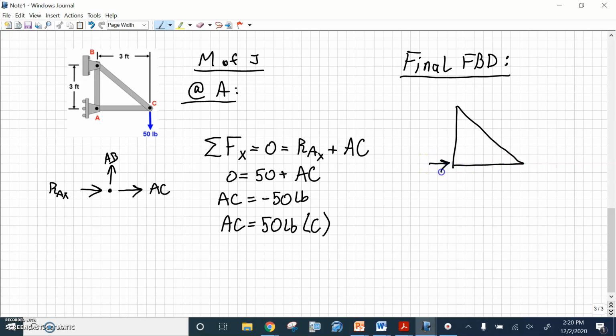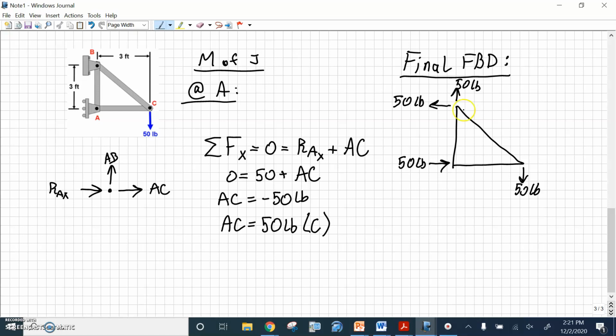We've got 50 pounds this way. We have our other reaction force 50 this way. We also have vertical 50 pounds this way, and our applied load 50 pounds that way. So our roller just gets the one horizontal, our pin gets vertical, horizontal. They all ended up just being 50 pounds.